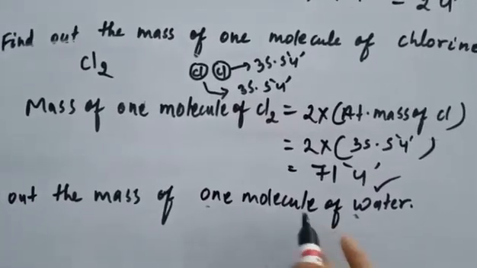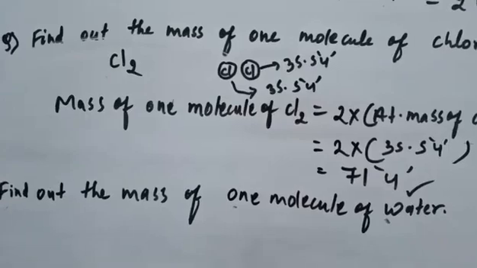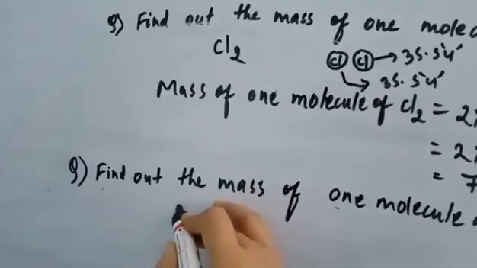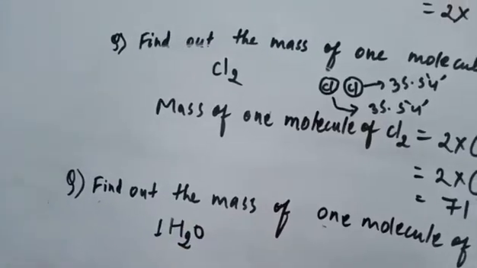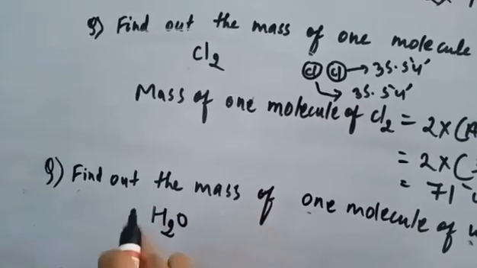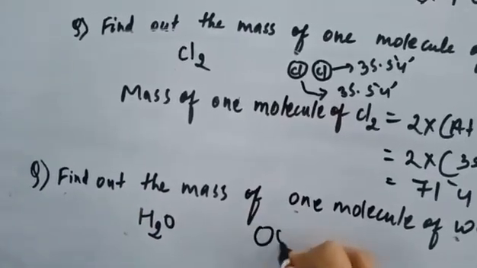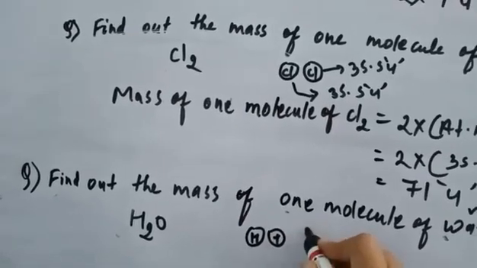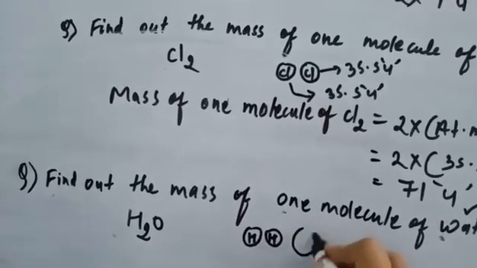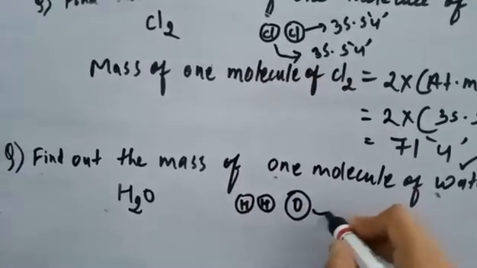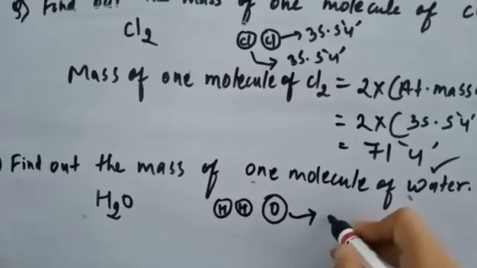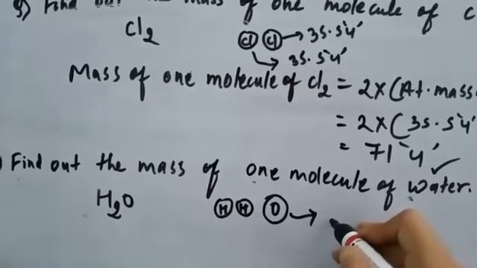One molecule of water has the formula H2O. This is one molecule of water. One molecule of water contains 2 hydrogen atoms and 1 oxygen atom. So what are the atomic masses? Oxygen atomic mass is what?